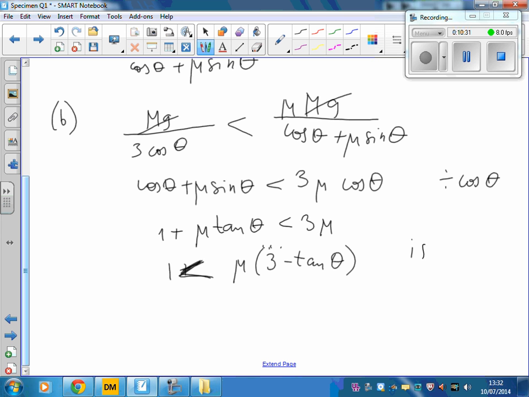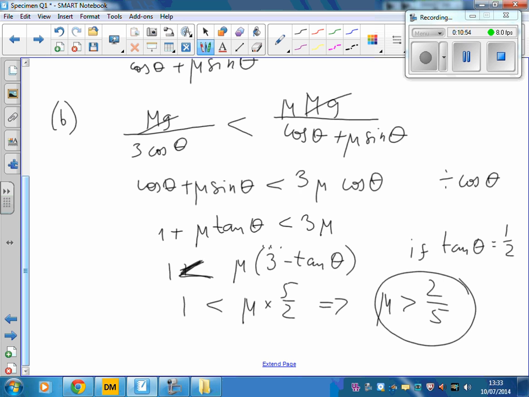Now, if tan theta equals a half, we can rewrite this as 1 is less than mu multiplied by 3 minus a half, which is 2 and a half, which is 5 over 2, which means that mu has to be greater than 2 over 5. And that's the end of question 7.